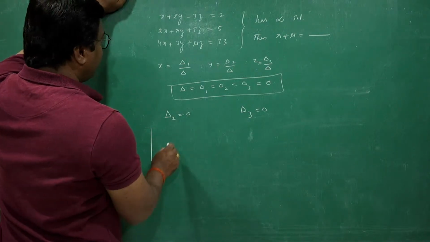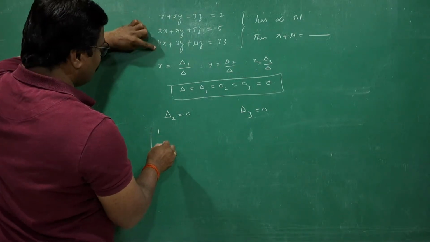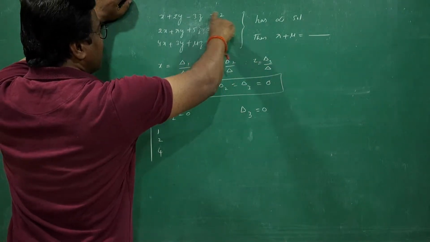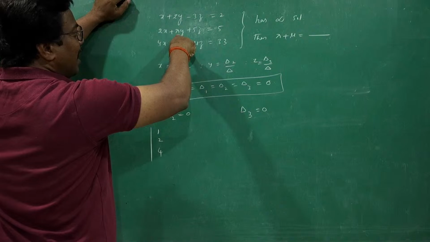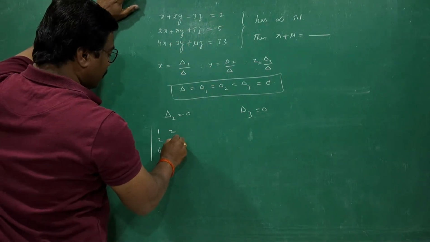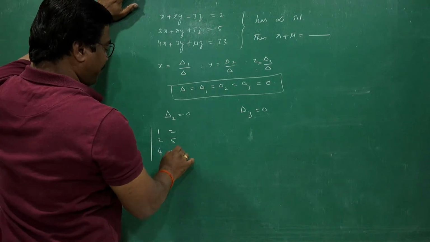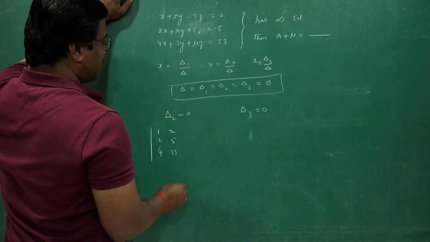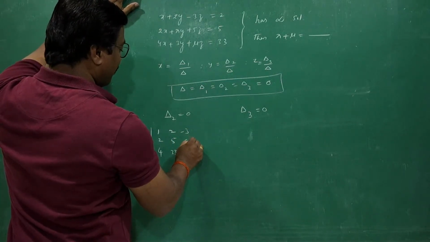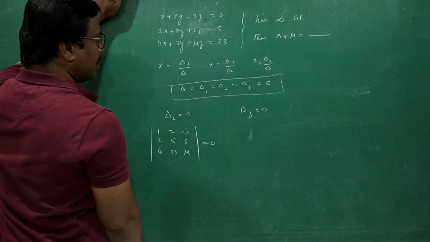Delta 2 I am going to write, that is coefficients 1, 2, 4. Next, since it is delta 2, you have to replace in place of 2, lambda, 3 the right part 2, 5, 33. Next, remaining terms as it is, minus 3, 5, mu equal to 0.